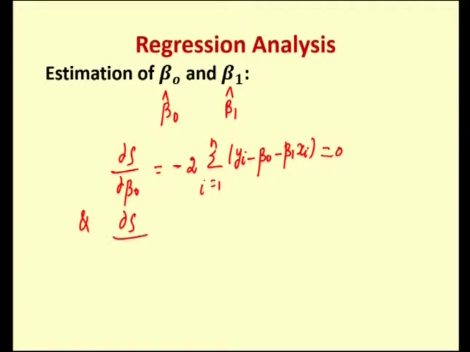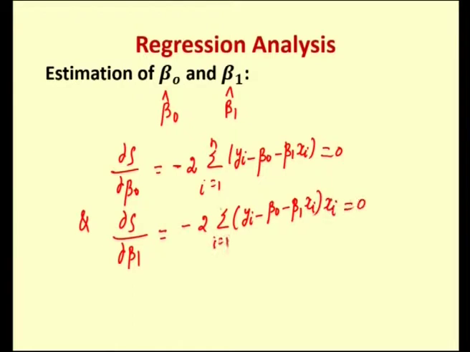The second equation is dou S by dou beta 1, that is with respect to beta 1. Here we have minus twice summation of yi minus beta naught minus beta 1 xi into xi is equal to 0, where i ranges from 1 to n.